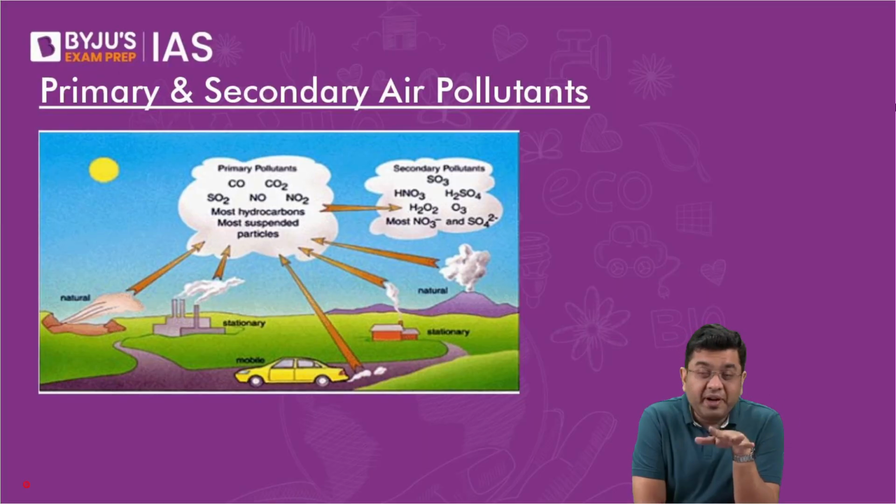In order to prevent the depletion, you had the Vienna Convention, and that Vienna Convention was followed by the Montreal Protocol. So we will look at the Montreal Protocol also. And then we will take a look at the Kigali Amendment. The Kigali Amendment to the Montreal Protocol basically provides a futuristic plan in order to repair the ozone hole. And we will also look into how the ozone layer is getting repaired.